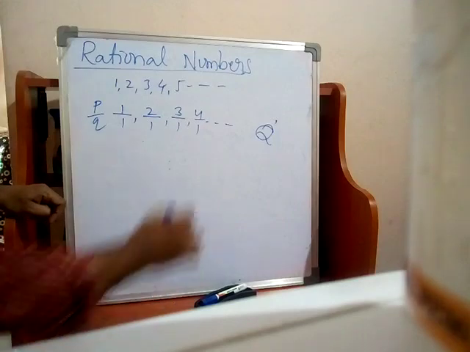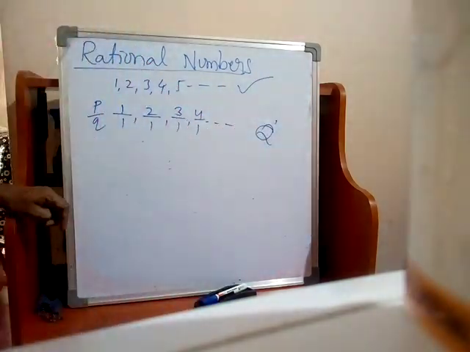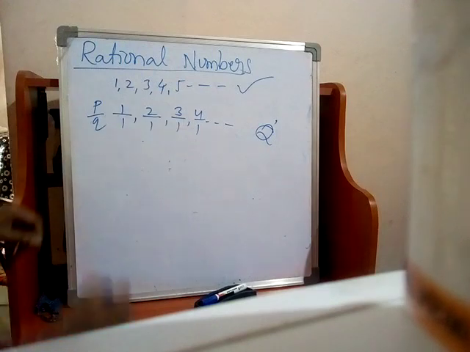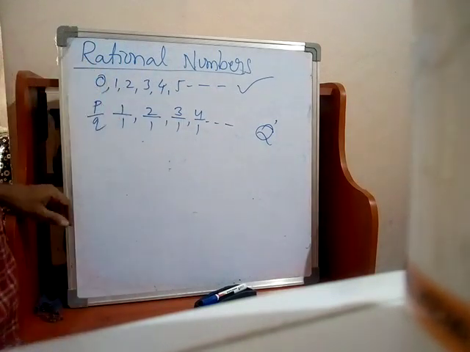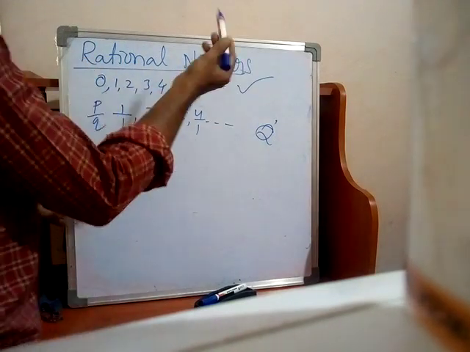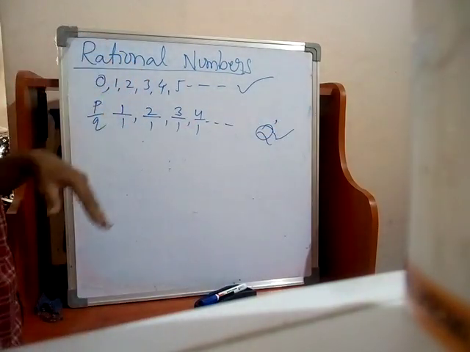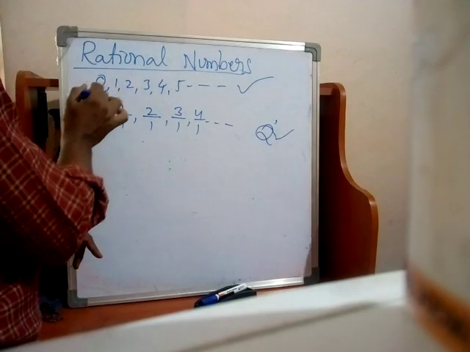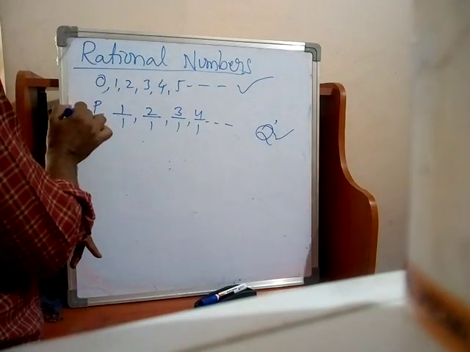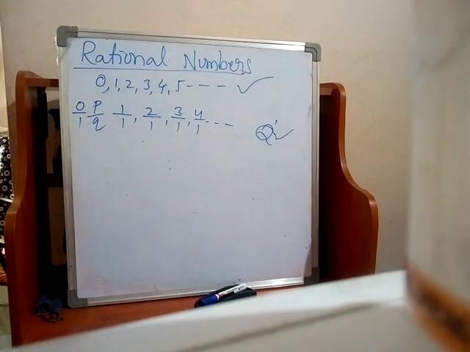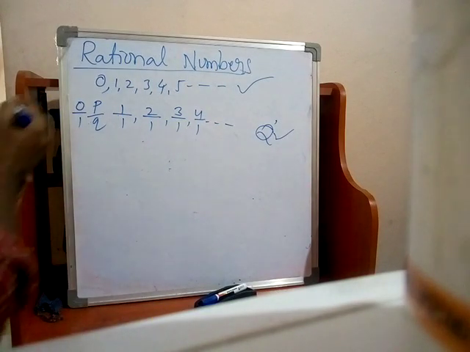So that's why all natural numbers are rational numbers. Are all whole numbers rational numbers? Yes. Whole numbers include 0. Don't take 0 in the denominator; in the numerator, no problem. 0 can be written as 0 by 1. So that's why all whole numbers are rational numbers.